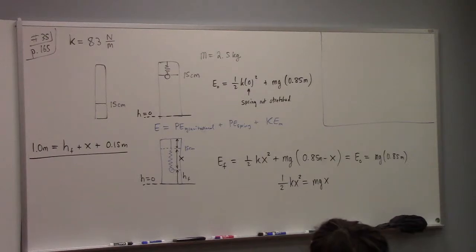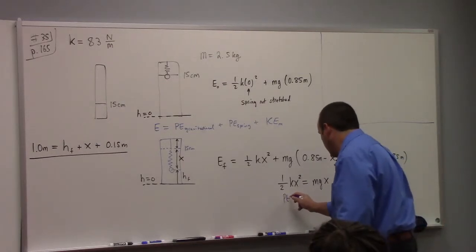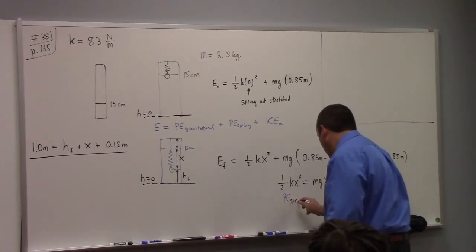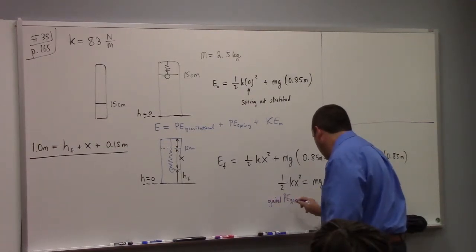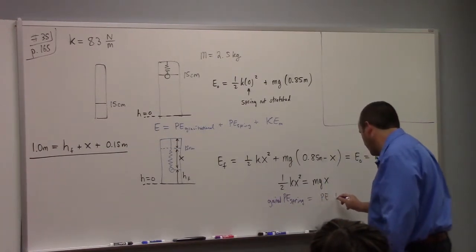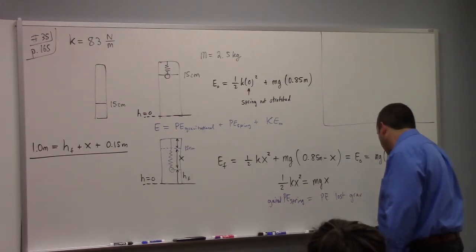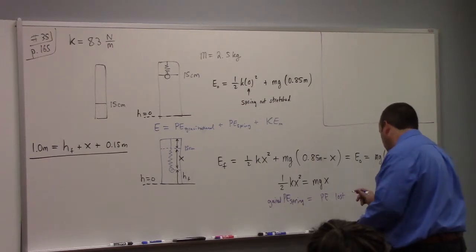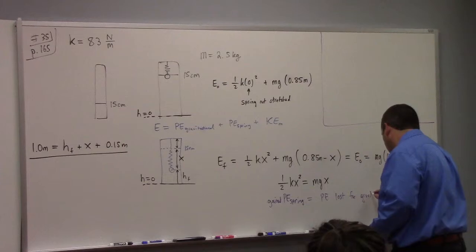The spring's potential energy in this situation, because there's no kinetic energy before or after, right? So these have to be matched. And that's all this equation says. It says that the potential energy gained by the spring is equal to the potential energy lost gravitationally. So it's just this balance of these two things.